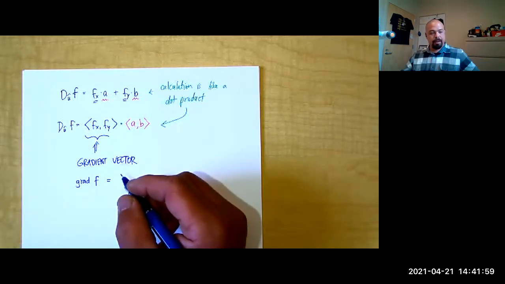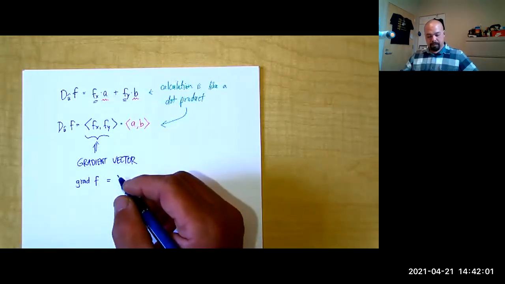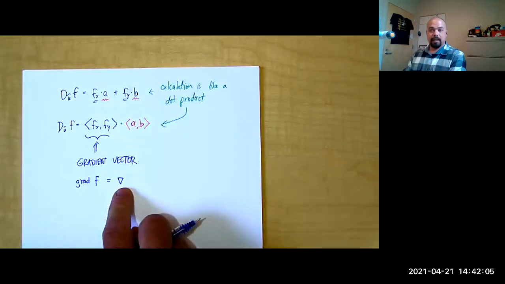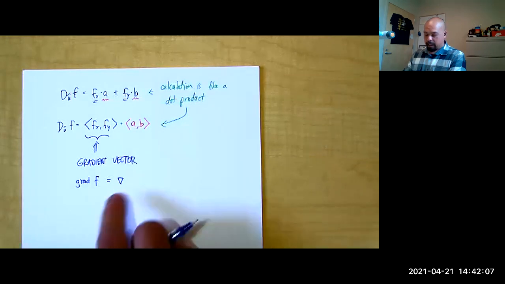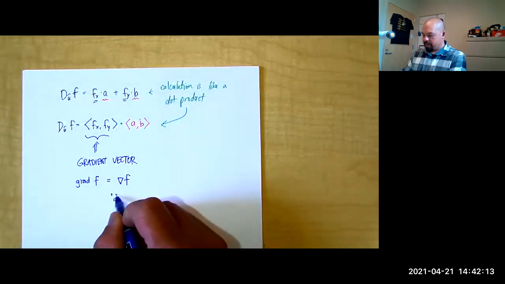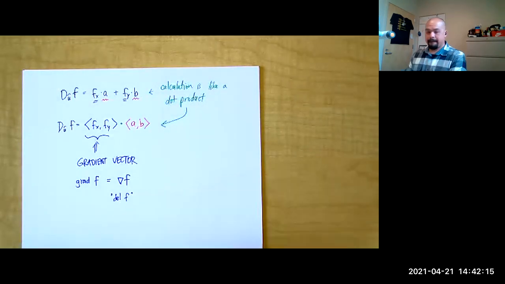Okay. This kind of inverted delta, upside down triangle of f. And this is read as del f.